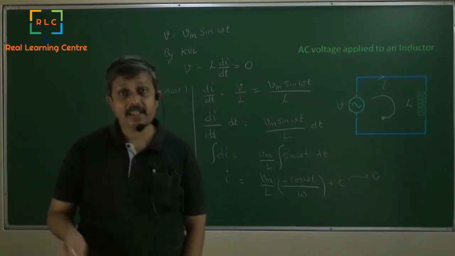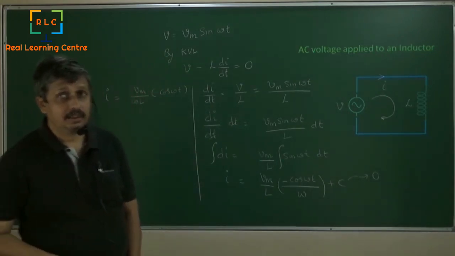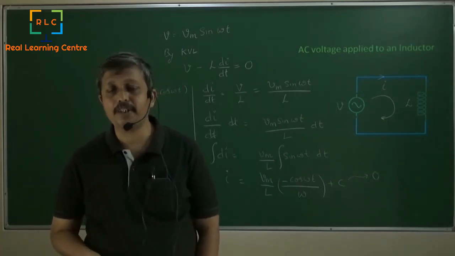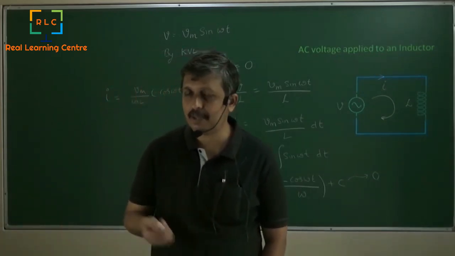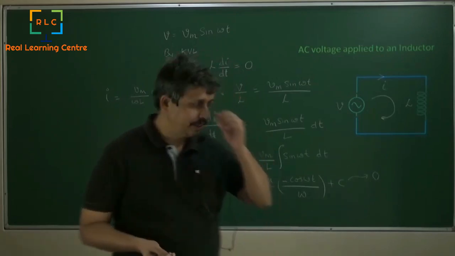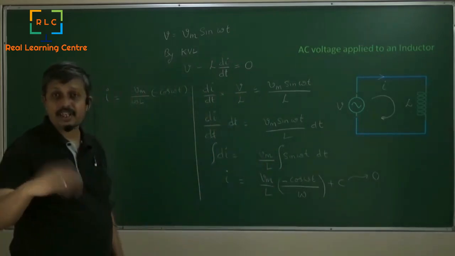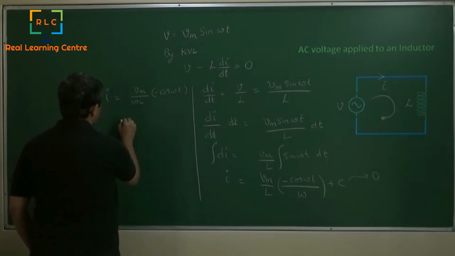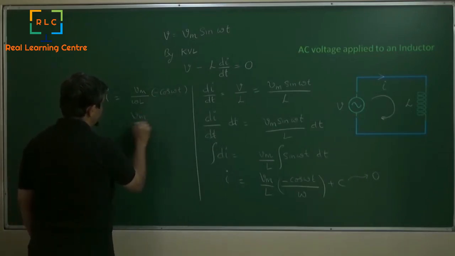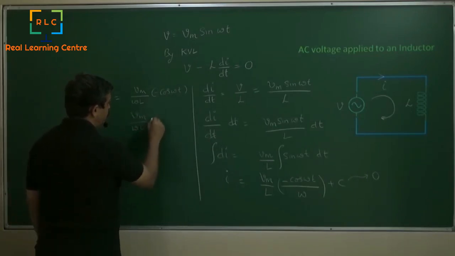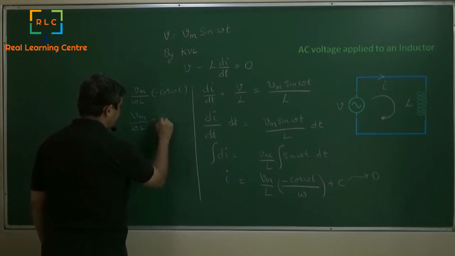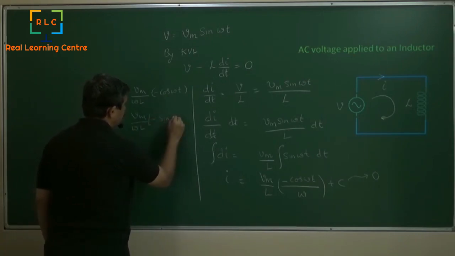So however, we can write cos omega t, since cos theta is equal to sin(pi/2 minus theta). Anytime cos theta becomes sin(90 minus theta), they are the same. Sin 30 and cos 60 are the same, for example. So we can say Vm divided by omega L into minus of sin(pi/2 minus omega t).